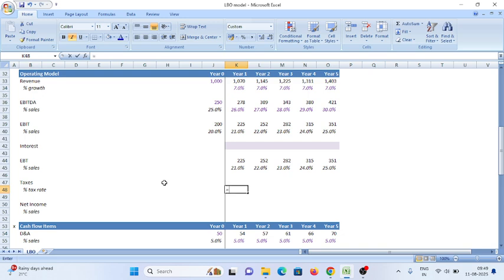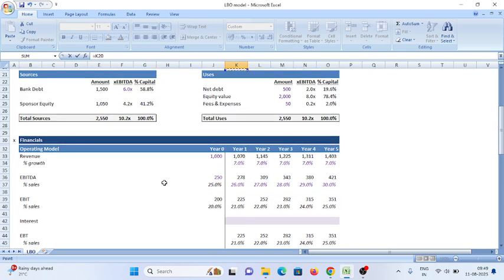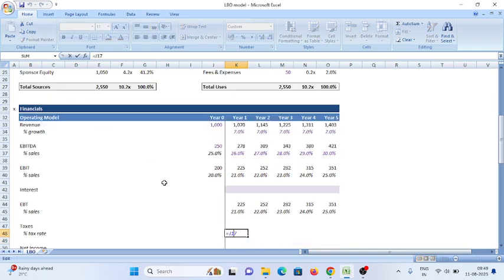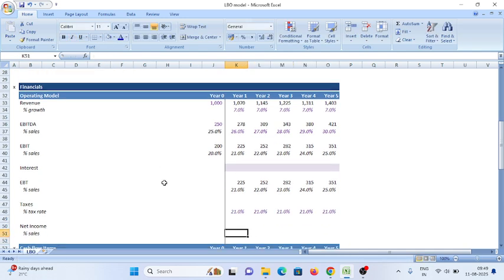Then we have tax rate, we assume 21% for every year. Just link it, anchor this. Calculate the tax number, that's EBT multiplied by tax rate.